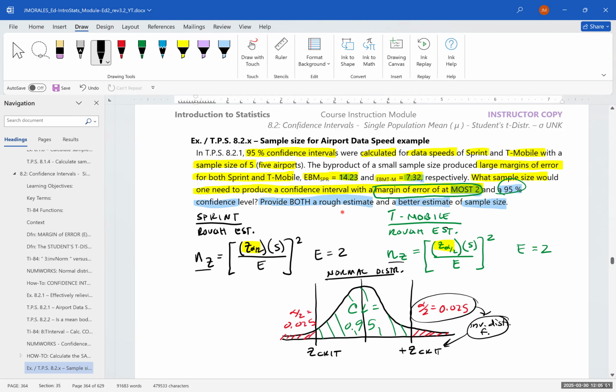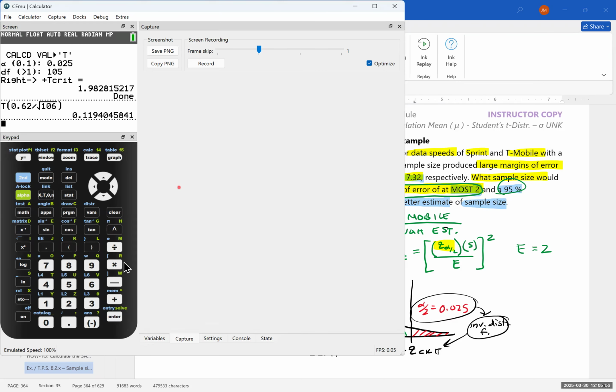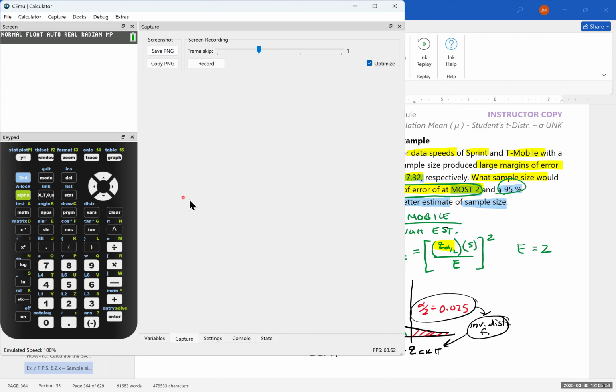So let's go ahead and do that. And let me clear that. Okay. So I want to use inverse norm, an area of 0.025 with a mean of 0, standard deviation of 1 to the right.